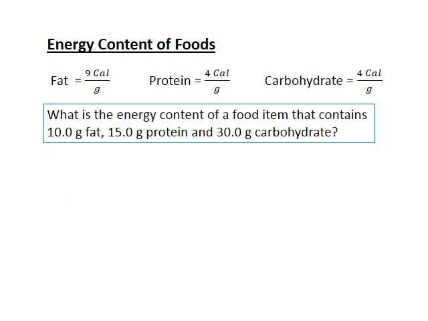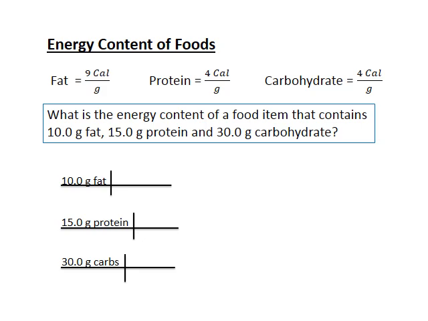So if I know the distribution of fats, proteins, and carbohydrates in a food sample, in this case 10 grams of fat, 15 grams of protein, and 30 grams of carbohydrate, I can find out what the total calorie content of this food is. So all of those fat, protein, and carbohydrate grams are starting points. And then I can use the calories per gram to convert each of those into the total calories offered by those quantities of fat, protein, and carbs.